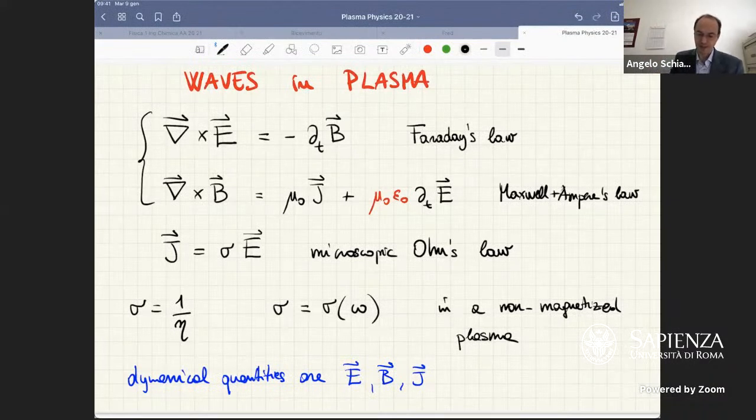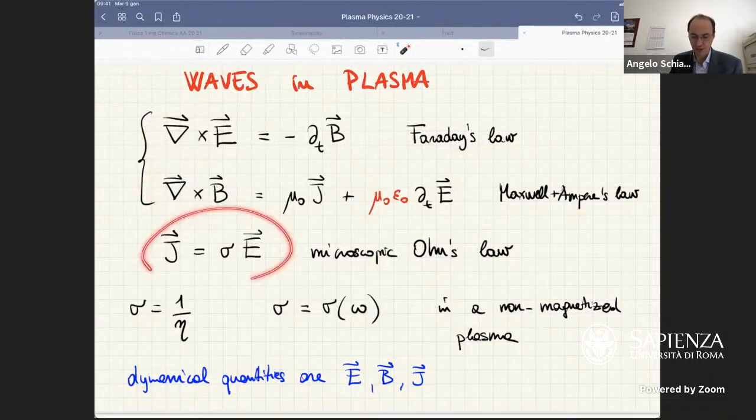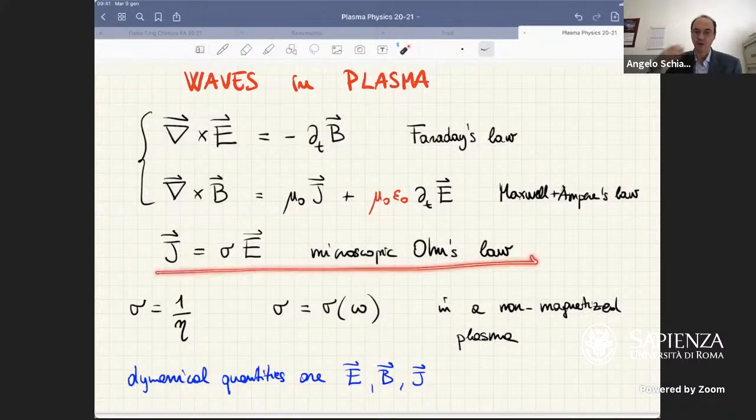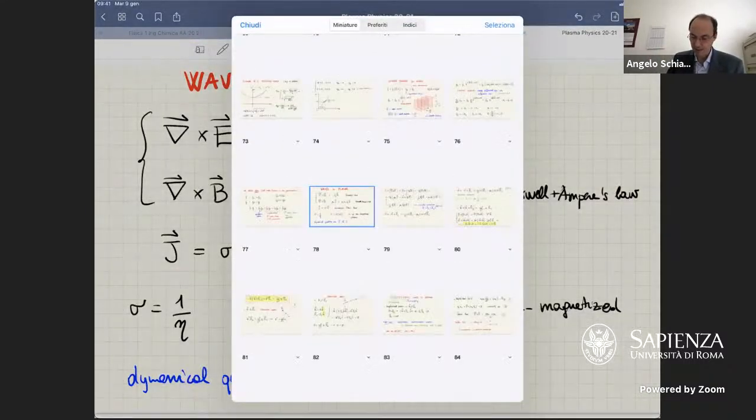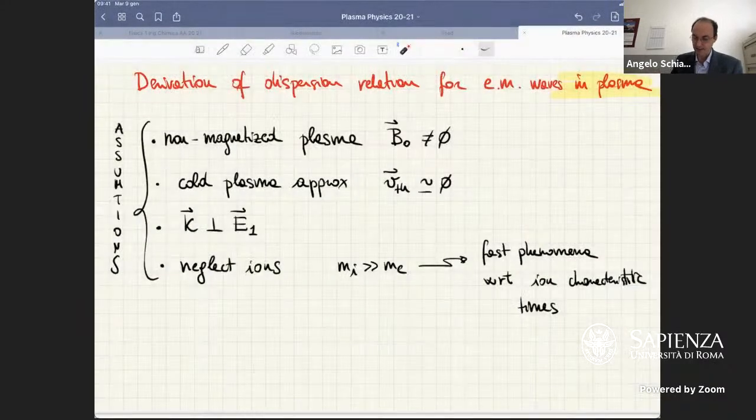We stated that we need Faraday's law for a source term for the electric field, a source term for the magnetic field, the Maxwell-Ampere's law, and then an equation telling us that we are not in vacuum but inside the plasma, the microscopic Ohm's law. We are going to redo the same argument and the same derivation here, but since it was a little far away in the lecture, we're going to rewrite the equations we need.